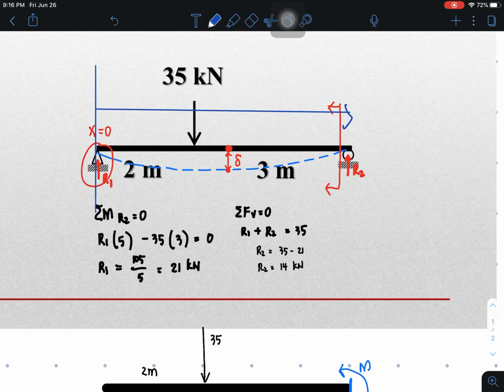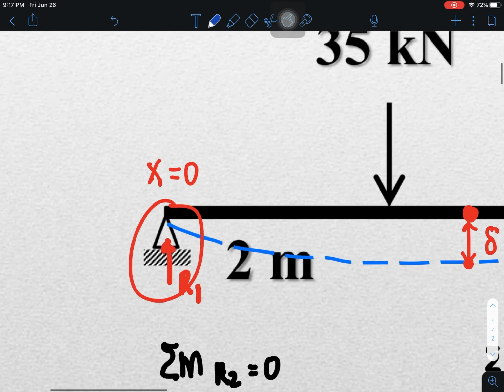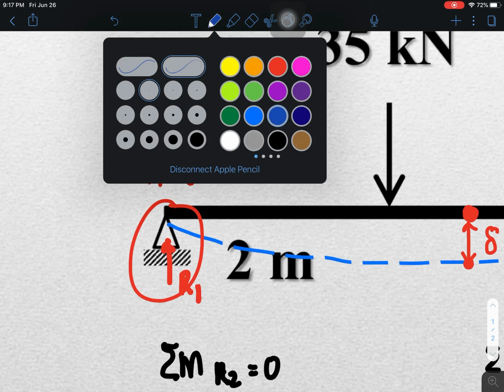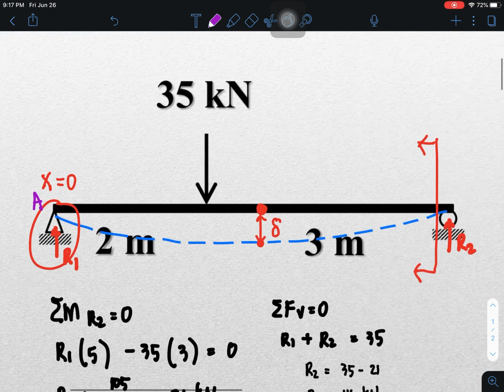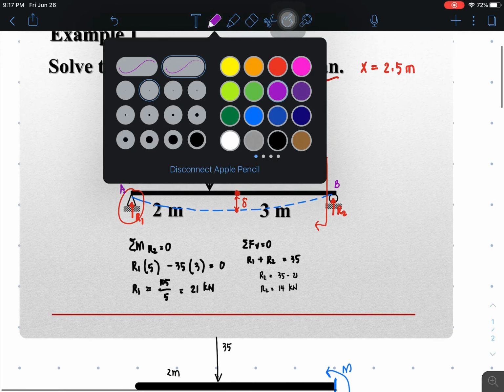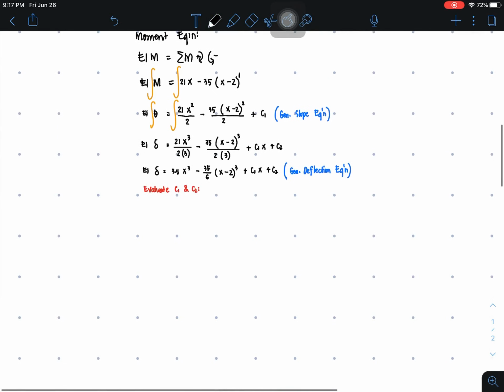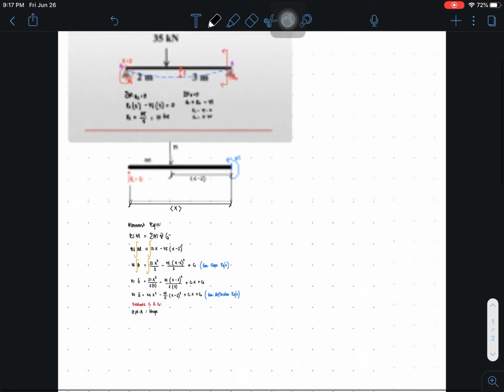So we cancel this out. Here, this is x equal to 0. I'll label this one as our letter A, and then this is our letter B. Okay? So let's proceed. At point A, there is a hinge, right?